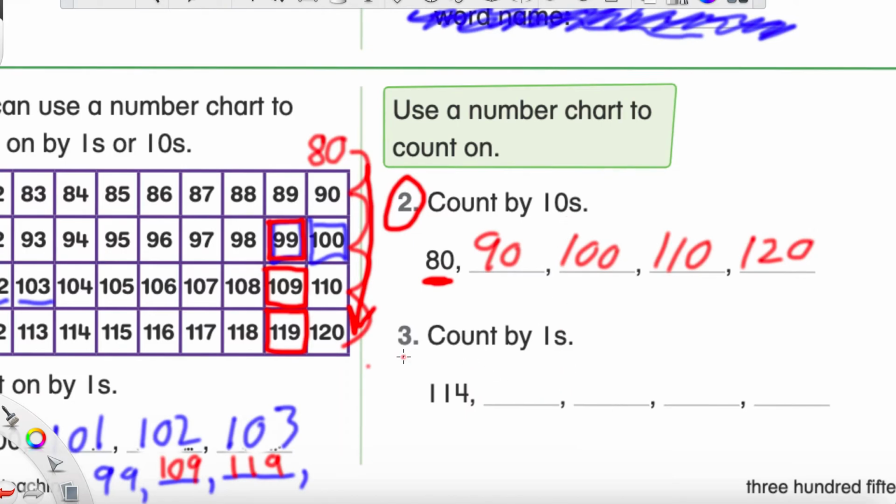All right, now try number 3 on your own. It says to count by ones. This you can absolutely use the 120 chart that is on your paper. All right, so start at the number 114 and count on by ones.